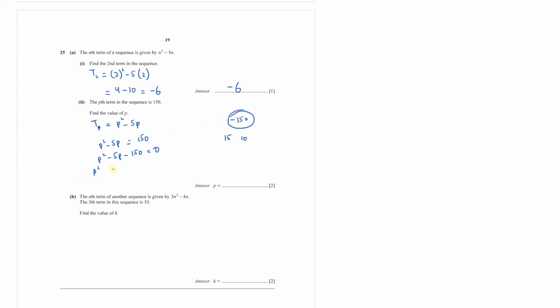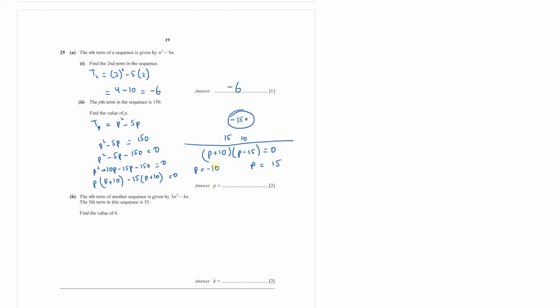So we can write this as p squared plus 10p minus 15p minus 150 equals 0. Then we factorize p common here, and 15 common here, and you get p plus 10 times p minus 15 equals 0. So p equals -10 or p equals 15.